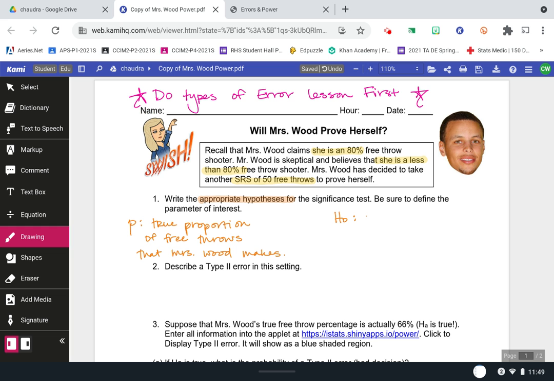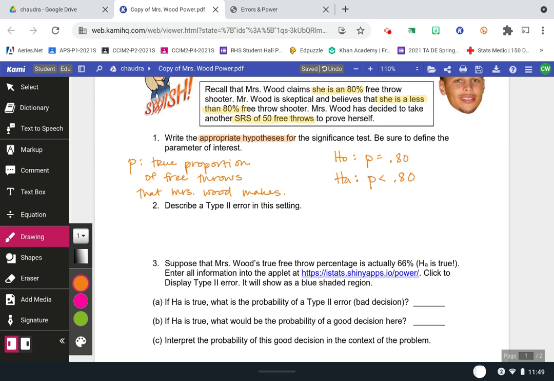Our null hypothesis is that she is an 80% free throw shooter. We'll see about that. Our alternative hypothesis is that she's not, and that, in fact, Mrs. Wood, myself, is worse than an 80% free throw shooter.